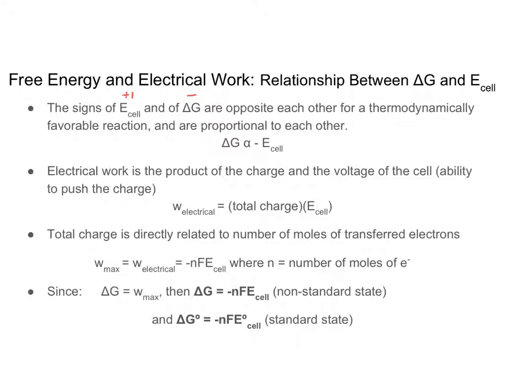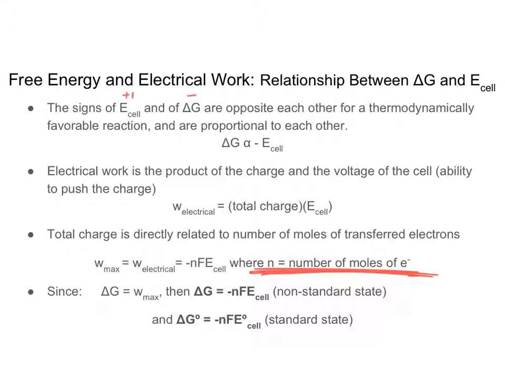And if the total charge is directly related to the number of moles of transferred electrons, we know that the total amount of work is equal to the number of moles times Faraday's constant times the cell potential. n is going to be the number of moles of electrons, and that's going to be important later.